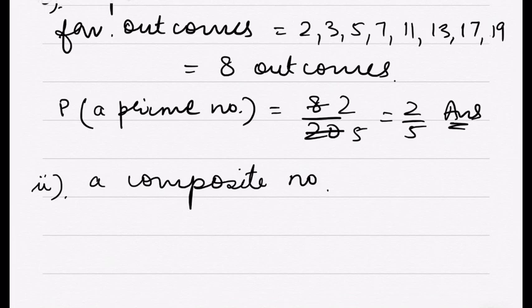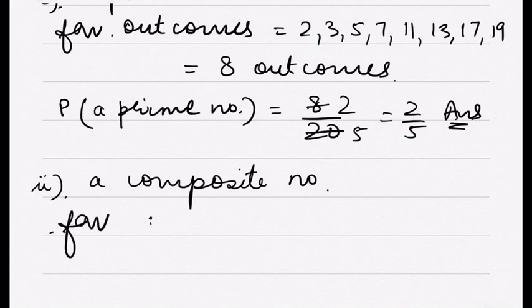Okay, so what are composite numbers? Which are not prime, but we can't just subtract 20 minus 8, right? Otherwise 1 will also be included in that. So my composite numbers are other than prime numbers, except 1.